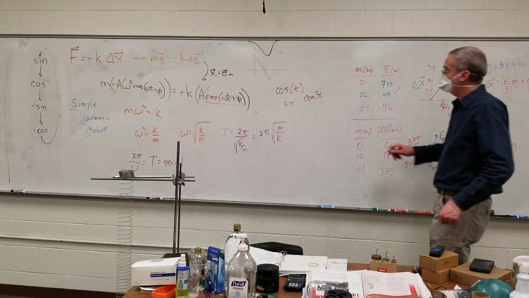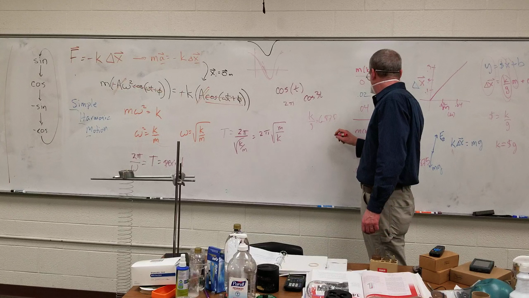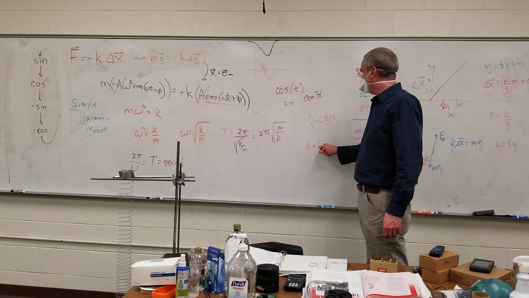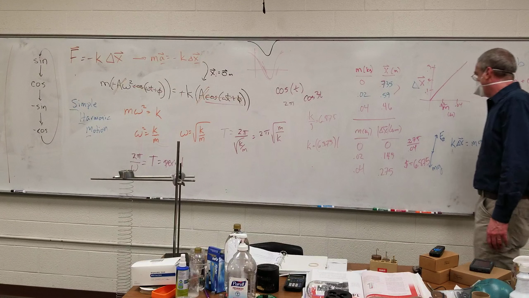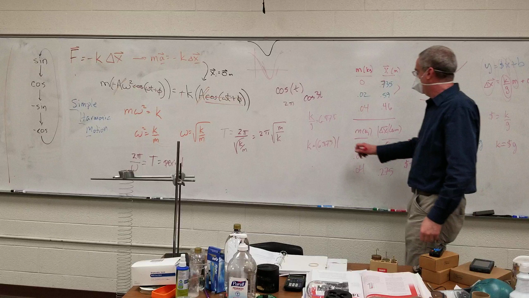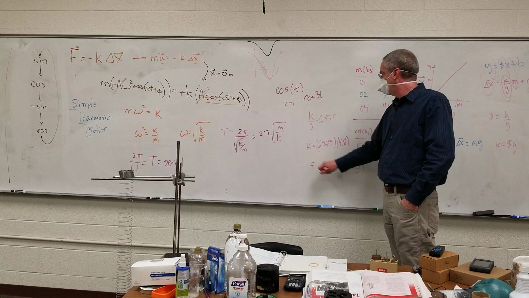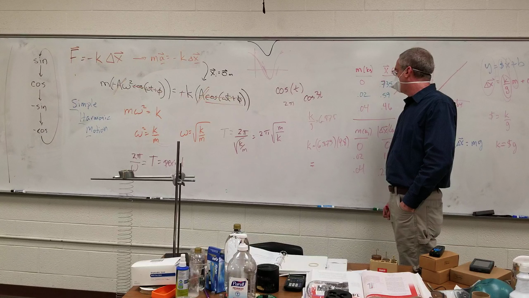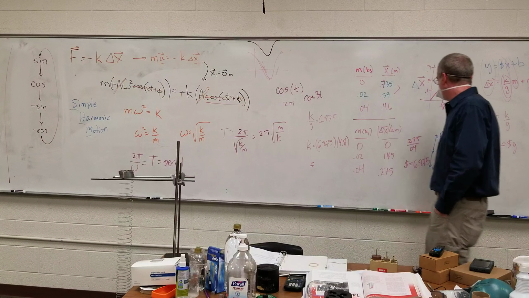So K over G, my slope, is 6.875. And so K is 6.875 times G. 9.8. Something's off.